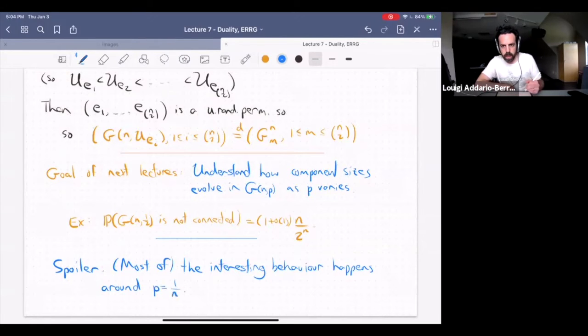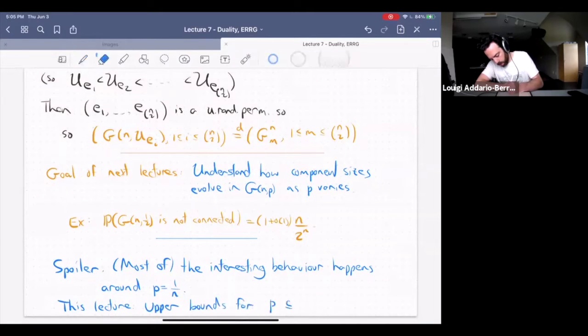Okay, and in this lecture we'll just be focused on upper bounds for p at most (1+o(1))/n.